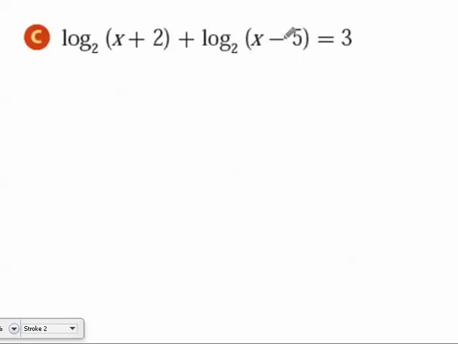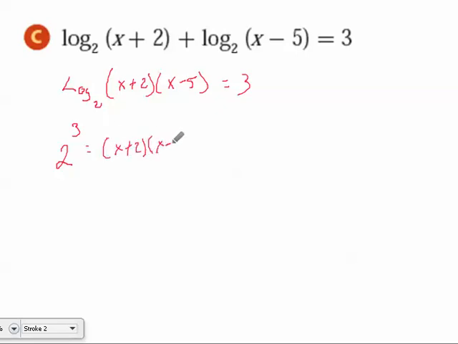I see this problem here, and I know what I'm going to be doing. I can see that by having a plus sign in here, I'm multiplying together. So I've got log base 2 of x plus 2 times x minus 5 is equal to 3. Then I can say that 2 to the third power is equal to x plus 2 times x minus 5.